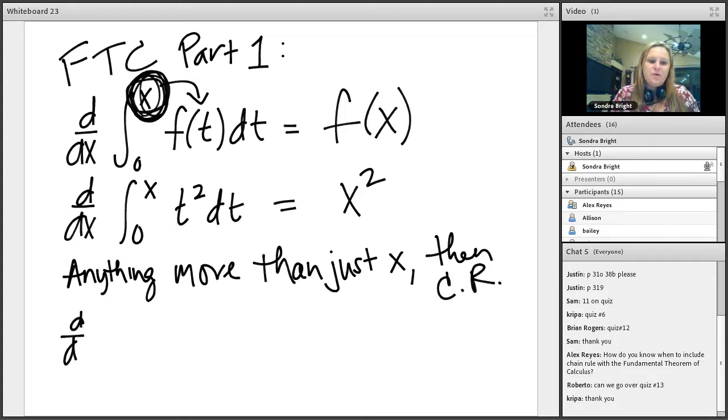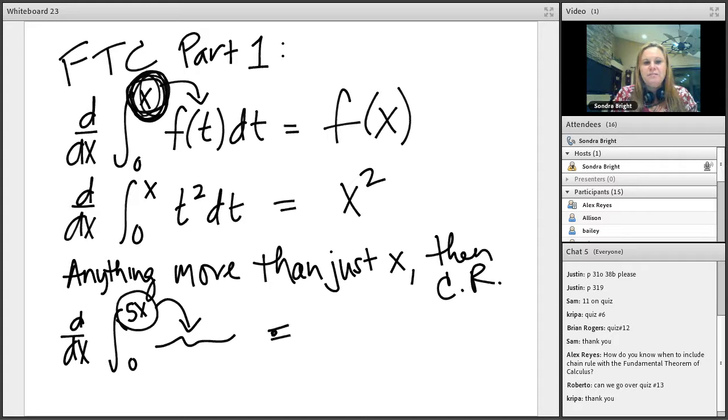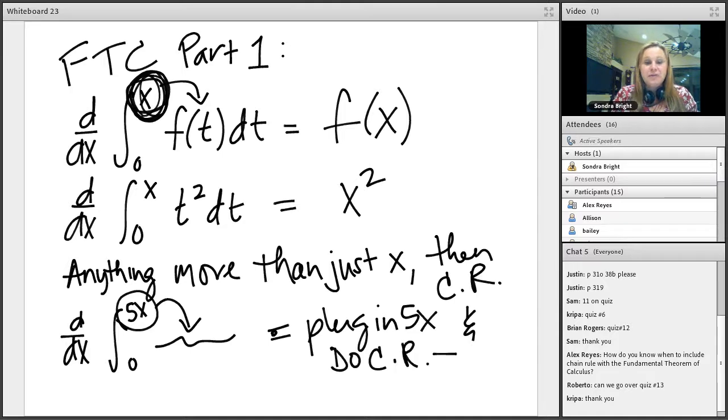So for example, on that last one that we did, it went from 0 to 5x of blah, blah, blah, right? So you plugged that 5x into the function, but then times, right? So you plug in the 5x and then do chain rule on 5x, which means multiply by 5.